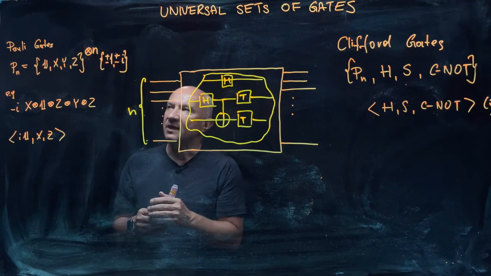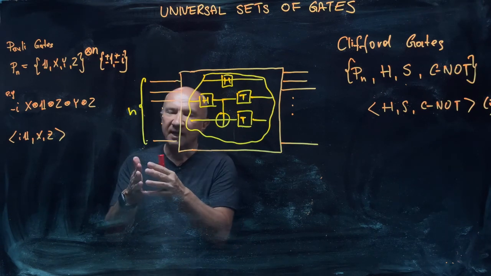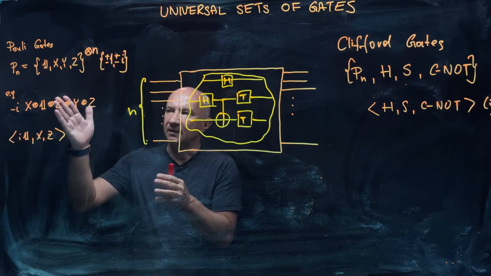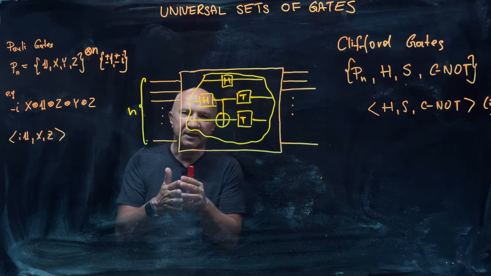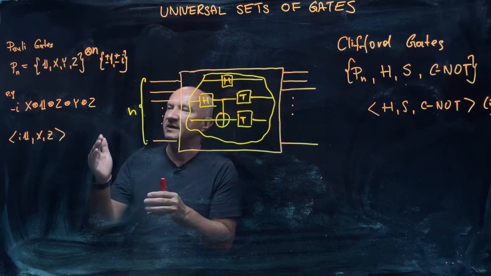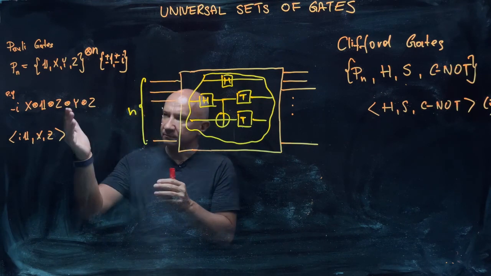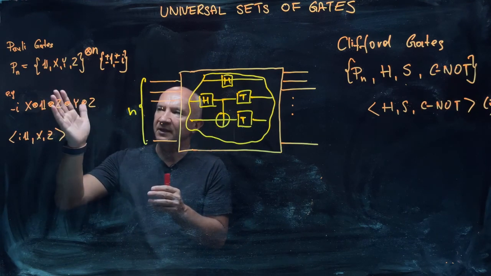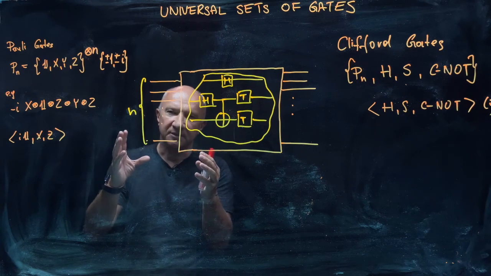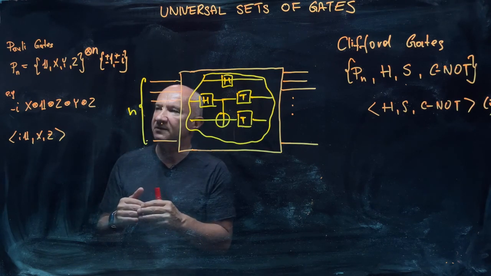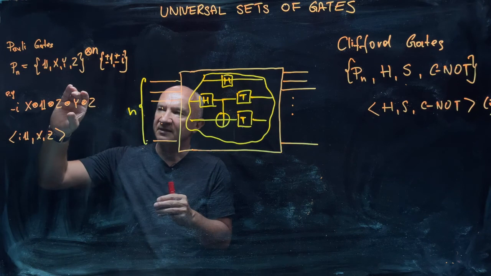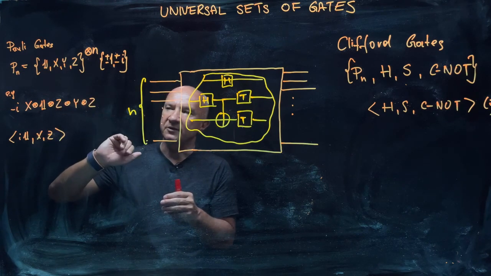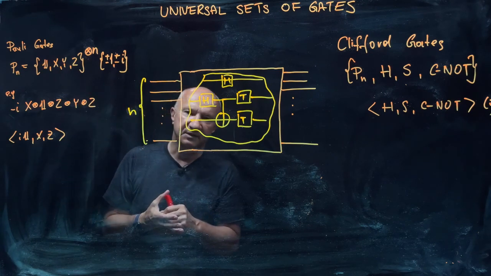For n qubits, we are talking about an n-fold tensor product where you apply a given Pauli gate to a given qubit. So for example, you can think about applying X to the first qubit, applying the identity, which we include into the set of those gates, to the second qubit, applying the Z operation to the third qubit, Y operation to the fourth qubit, and Z to the fifth qubit.